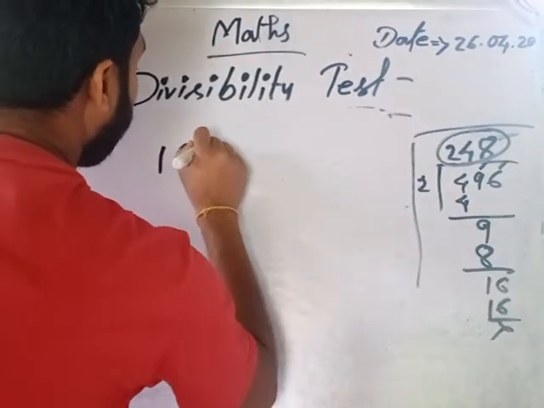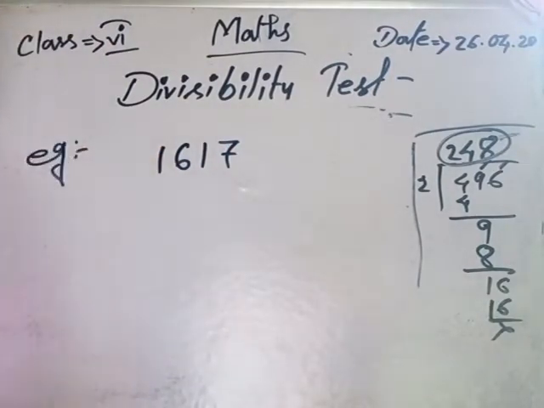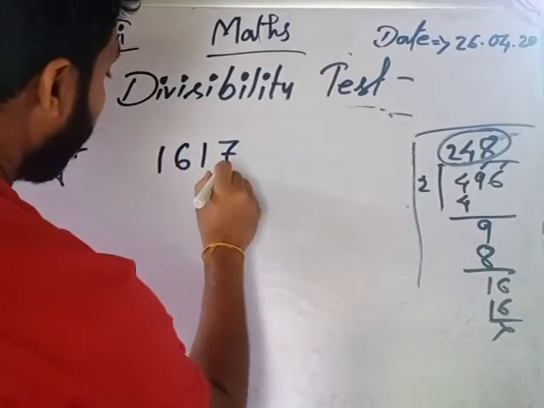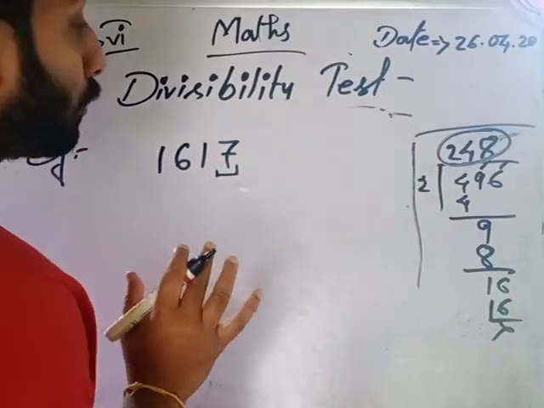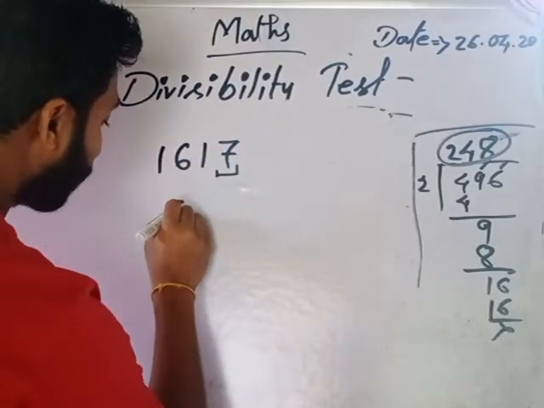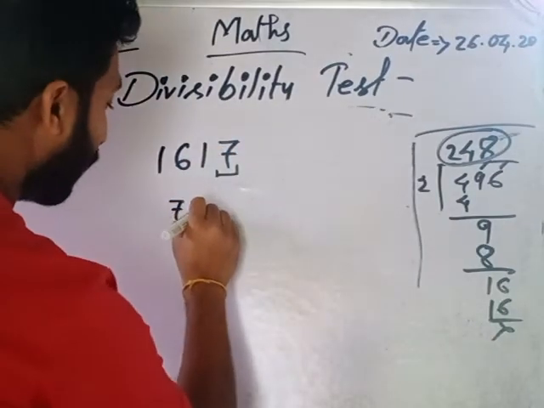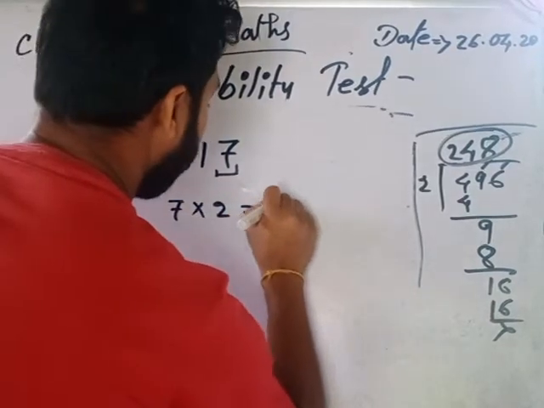Suppose it is 1617. Here is the example. How to do it? At first you take the extreme right digit, 7, and multiply it by 2, that means 14.